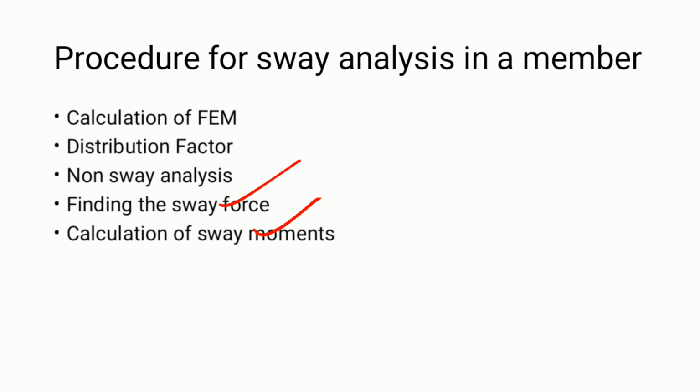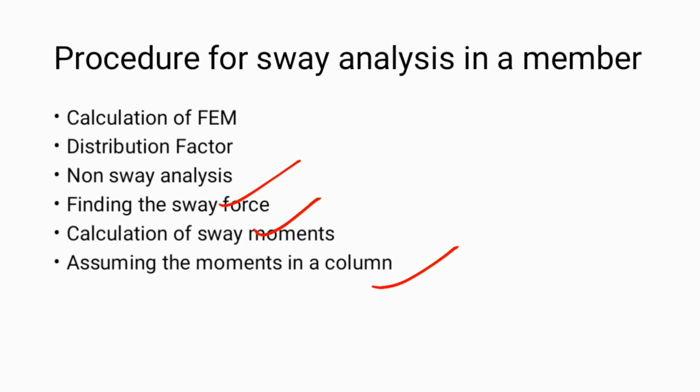Next is calculation of the sway moments based on the type of support condition we studied in the previous slides. The next is assuming the moments in a column. After solving the sway moments, we assume some amount of moment for a column.